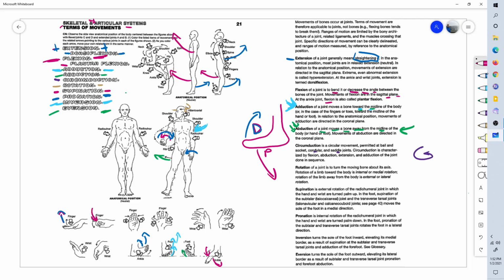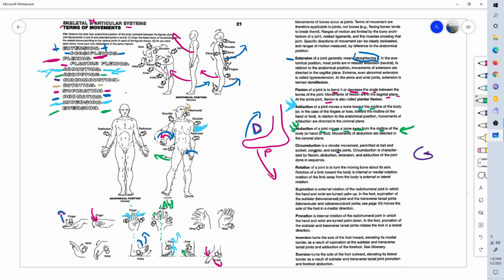If you bring your fingers inward toward the midline of your hand, squeeze them, that's adduction. If you were to spread your fingers outward, that's abduction. That's abducting the fingers away from the midline.